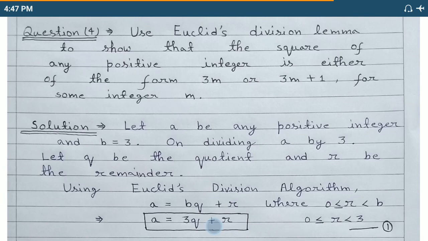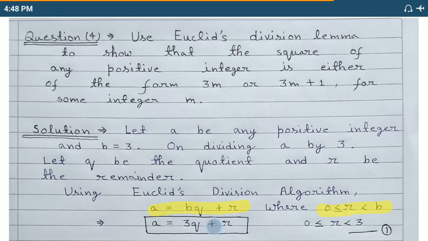Now, here we have to prove that the square of any number is in the form of 3m or 3m plus 1. Students, comparing it with bq plus r, we will get 3 as a divisor.